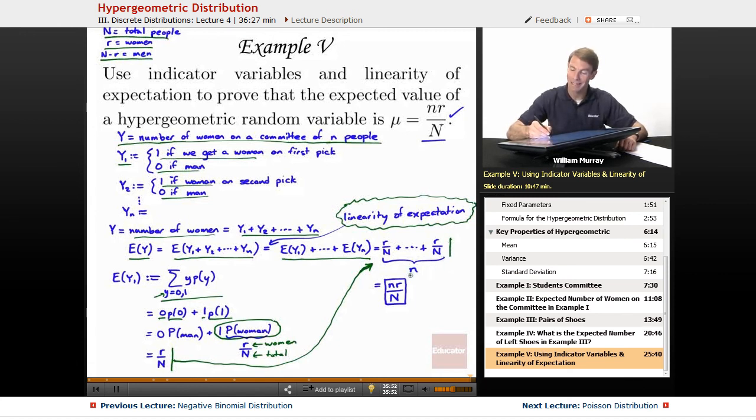We're adding up lowercase n of them, and so we get lowercase n times r over capital N as our answer. And of course, that checks with the mean of the hypergeometric random variable that I gave you earlier in this lecture. So that's our last example problem, and that wraps up our lecture here on the hypergeometric distribution.